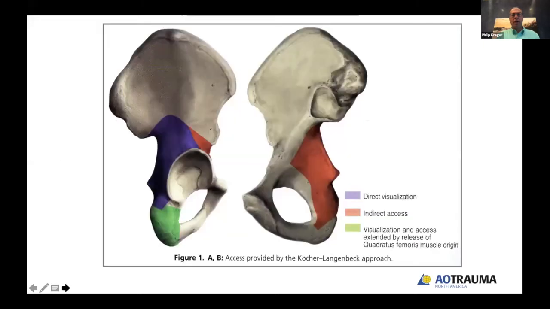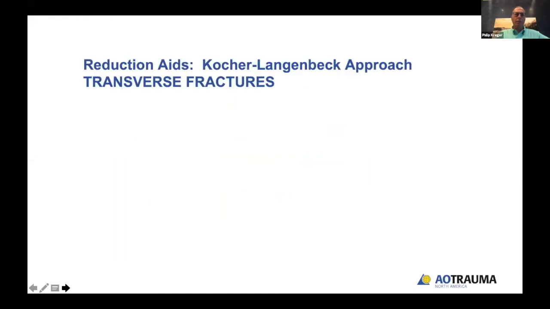So this is the classic picture from the Judet table. And just to remember from last week, what we can actually directly visualize is in the purple there. And we can also palpate through the greater sciatic notch and actually place clamps through the greater sciatic notch in the red area there.